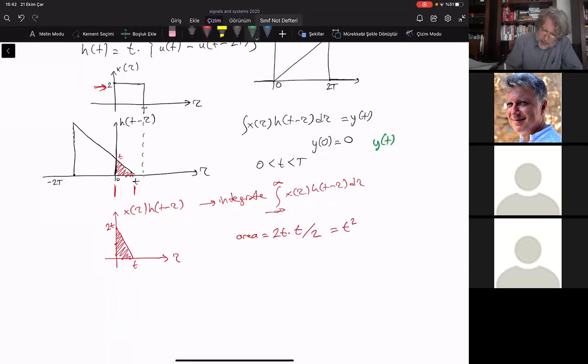Y of t is equal to 0 for t less than or equal to 0, and it is equal to t squared when it's between 0 and capital T, because the multiplication becomes like the triangle, and the area under the triangle is t squared.